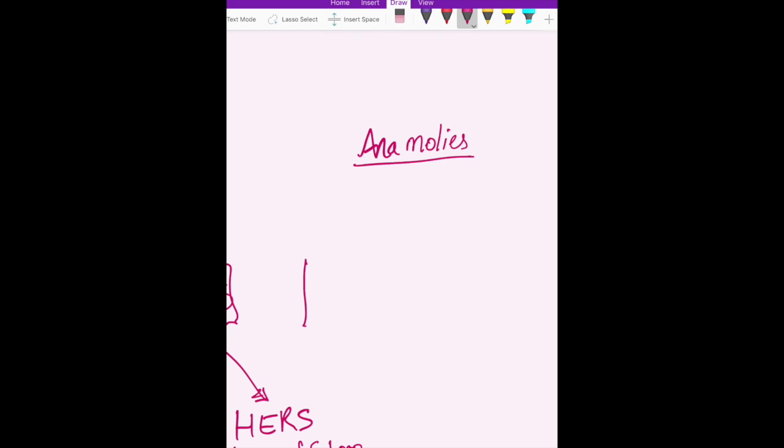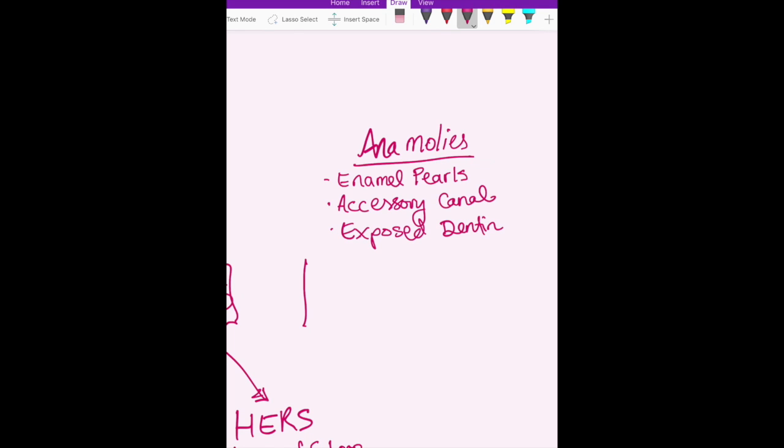The anomalies that we will talk about are enamel pearls, accessory canals, and exposed dentin. All these can have an impact on your patients. Accessory canals can spread infections, and enamel pearls can make your extraction harder, and so on and so forth.